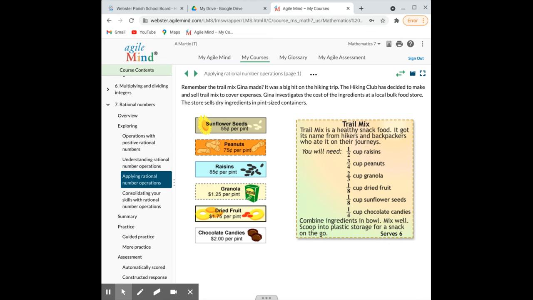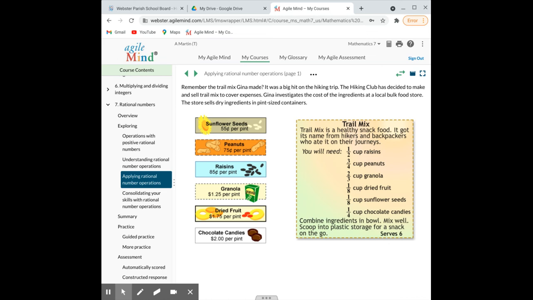The store sells the dry ingredients in pint-sized containers. So we have sunflower seeds at 55 cents, 75 cents for peanuts, 85 cents for raisins, $1.25 for granola, $1.75 for fruit, and $2 for chocolate candies. Each one of these is sold in pints.